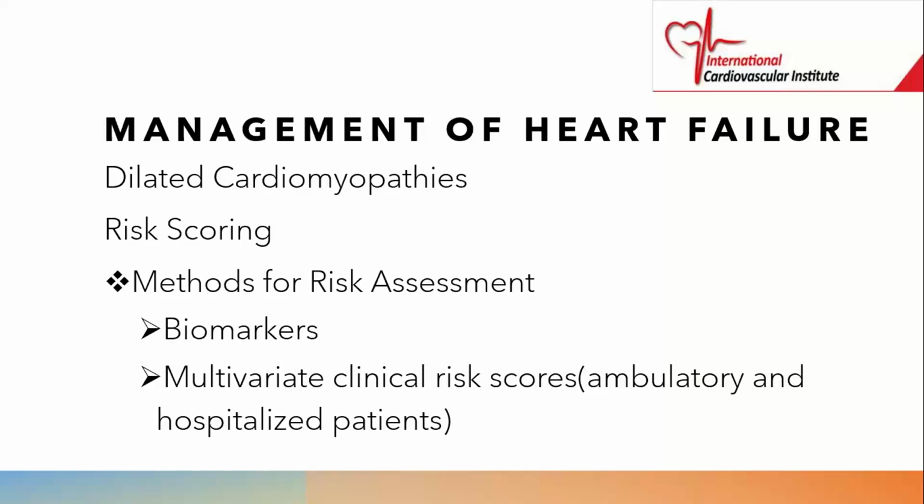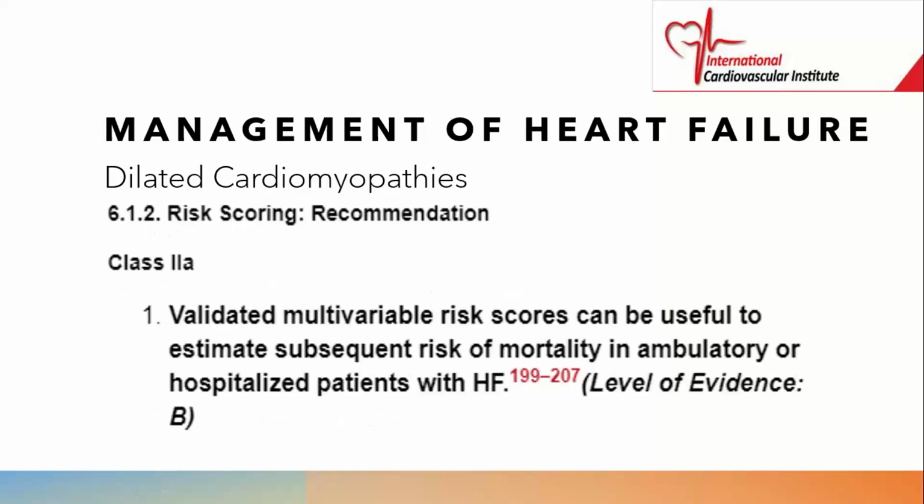So we have a number of multivariate clinical risk scores, and we're going to discuss those. You can use a risk score if the patient is an ambulatory patient, patients come into the office, or if the patient is a hospitalized patient. We also use biomarkers to see how sick the patients are as well.